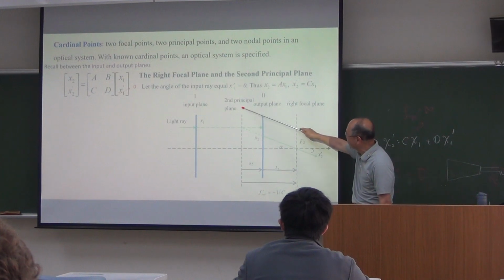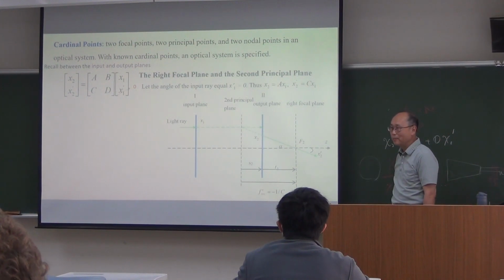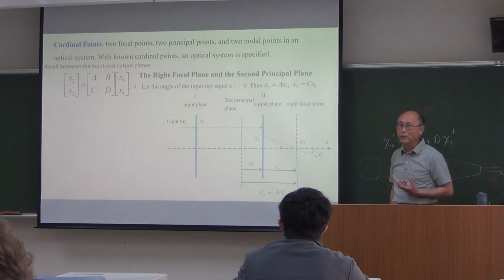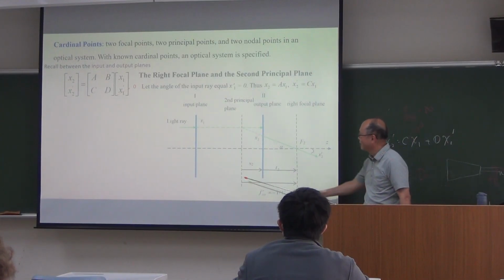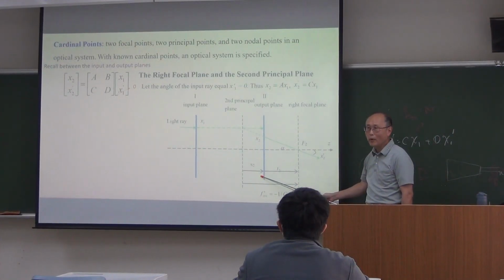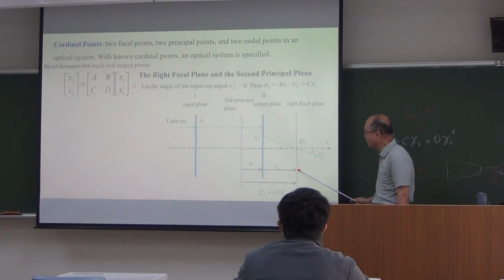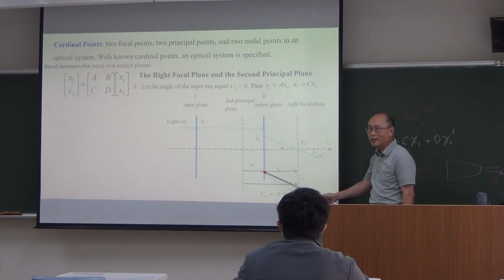So somehow you need to be able to calculate this. Okay. But then, when you work with the optical system, this is understood to you. What is relevant to you, in fact, is the distance between the focal point and the output plane.